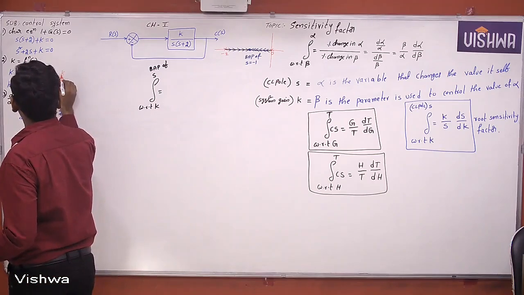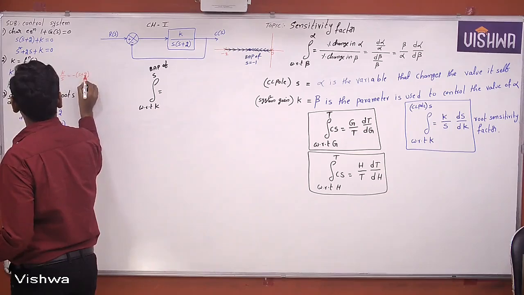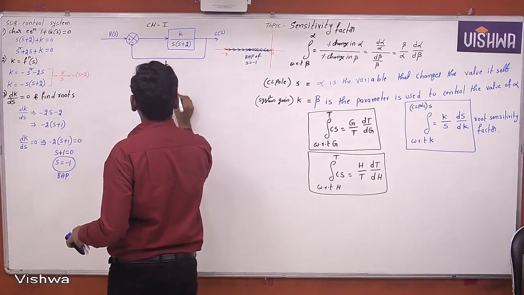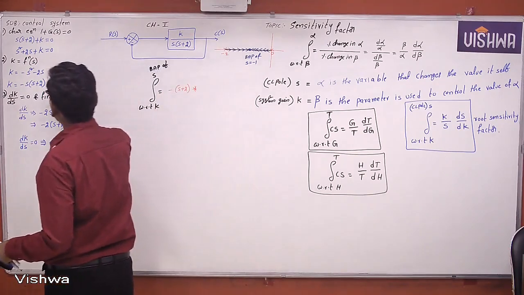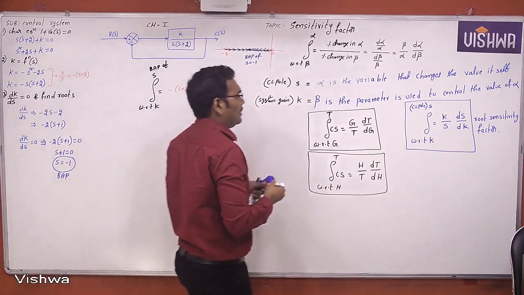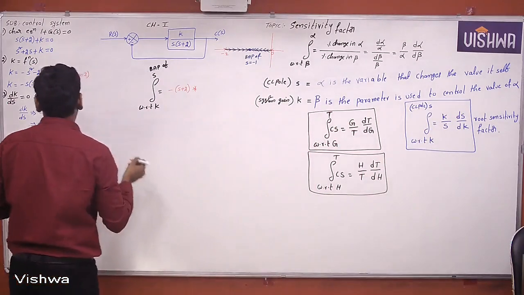From here, dk by ds equals minus of s plus 2, minus of s plus 2. This is dk by ds, and we need ds by dk.